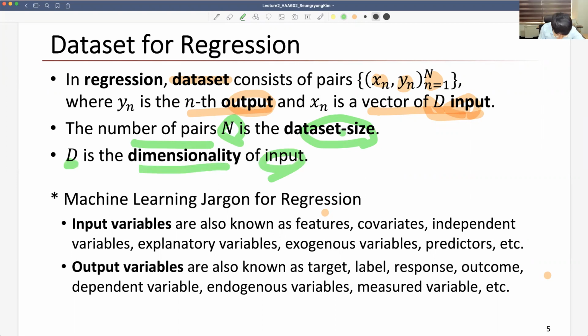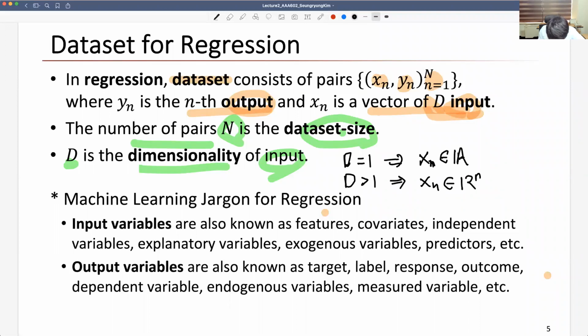For example, if D is equal to 1, the input variable xn will be just like a scalar value. And if D is larger than 1, xn is going to be some kind of vector.